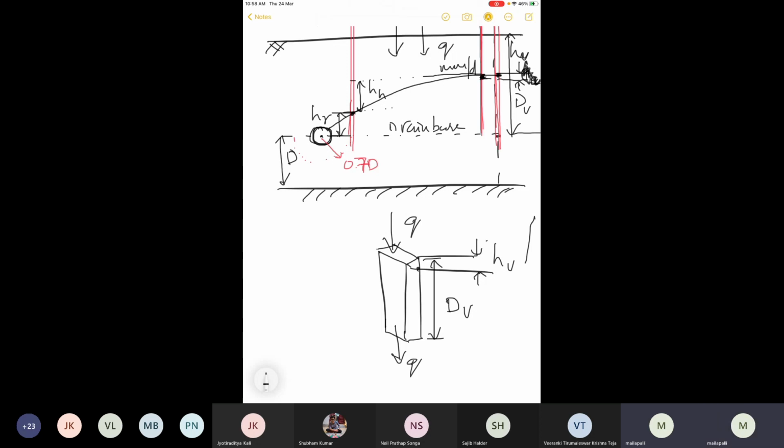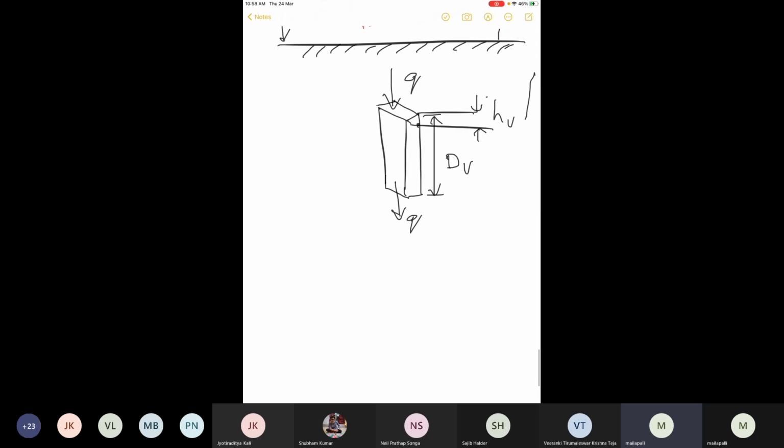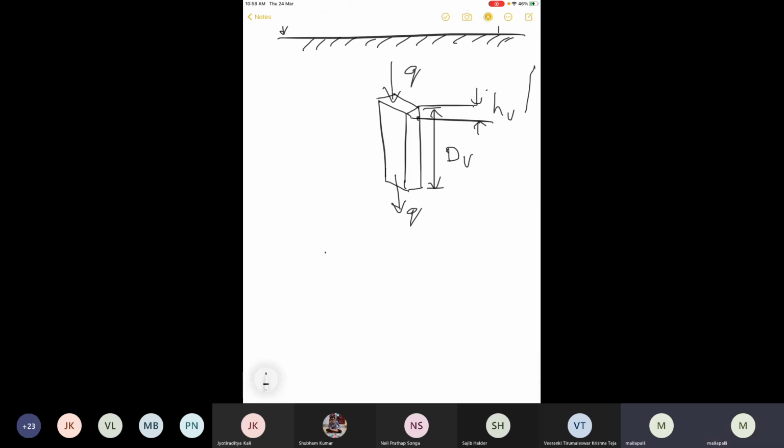Using Darcy's equation, Q is equal to hydraulic conductivity times HV divided by dV. So Q is equal to KIA, the flux, since A is already divided out, and HV by dV is your hydraulic gradient.